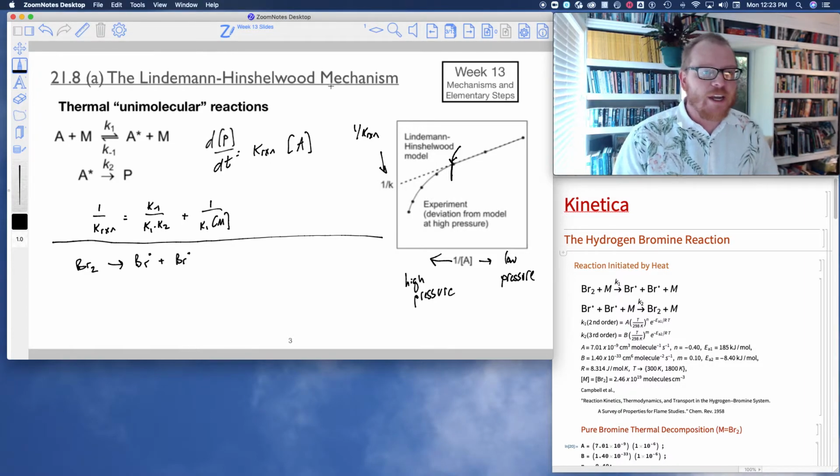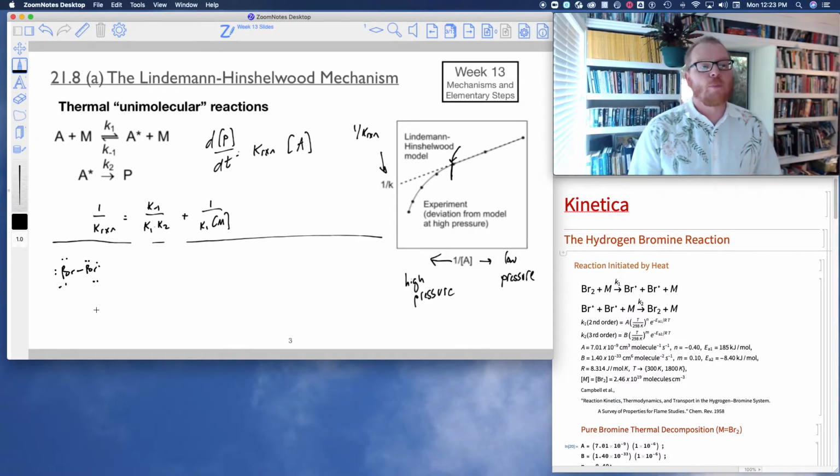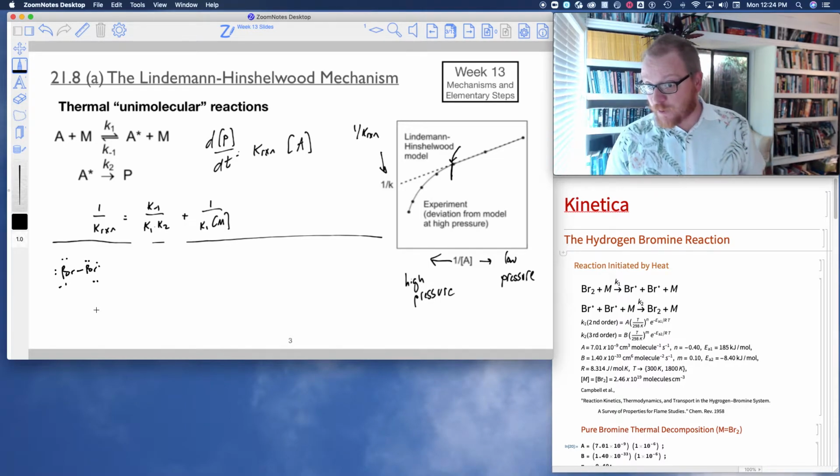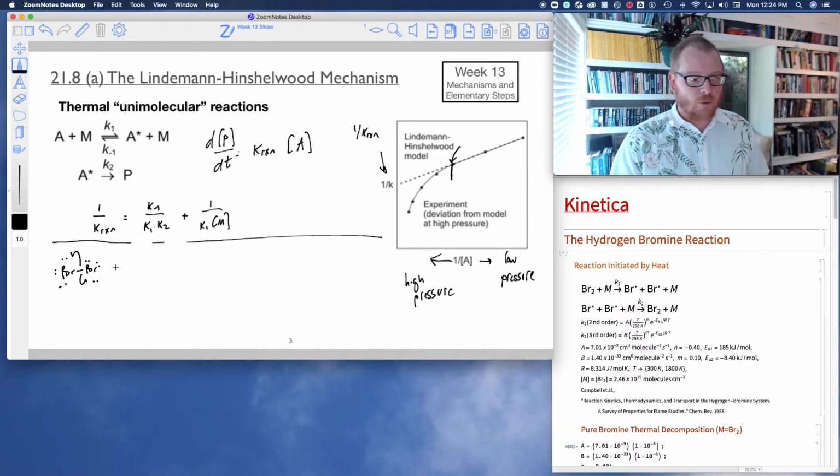Actually, let's get really fancy with this and I'll draw the Lewis structures. Bromine, and for the most part the halogens, are somewhat stable as radicals because of their valence shell.